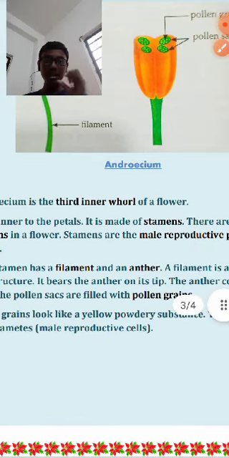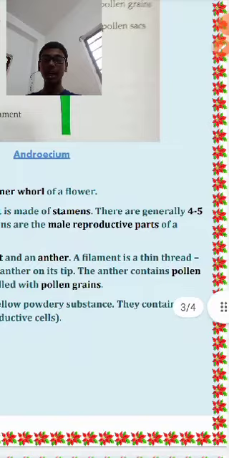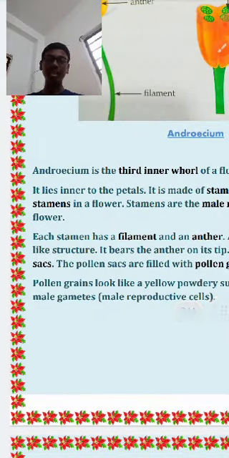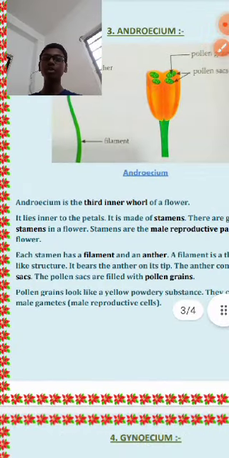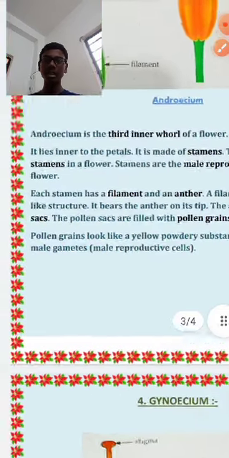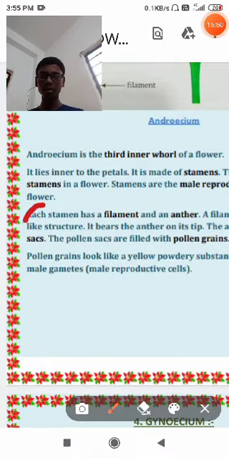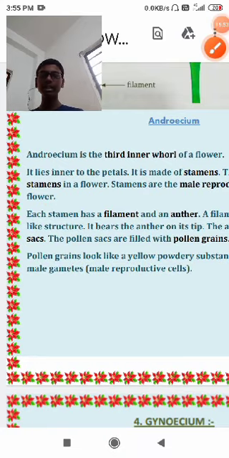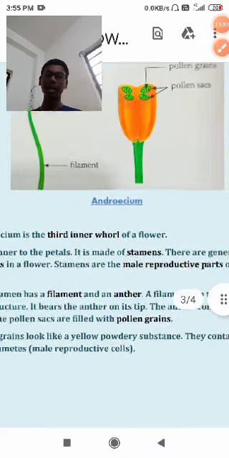Now stamens are the male reproductive parts of a flower. As I've already told, androecium is the male part of a flower. Obviously, if a bunch of stamens is known as the androecium, then stamens will be the male reproductive part of a flower. Then this paragraph tells: each stamen has a filament and an anther.